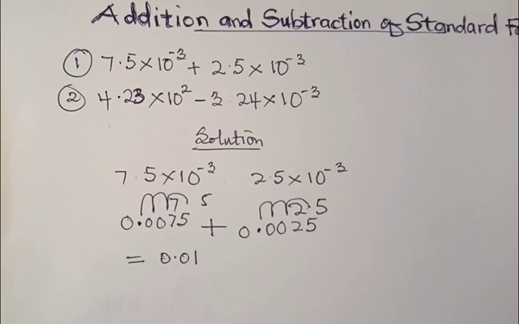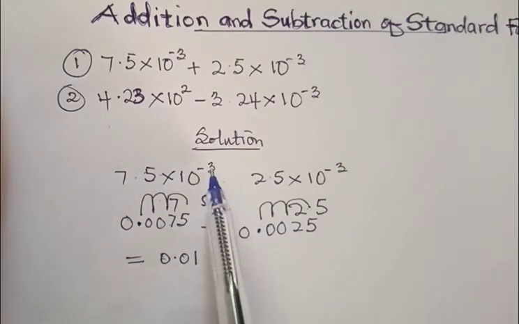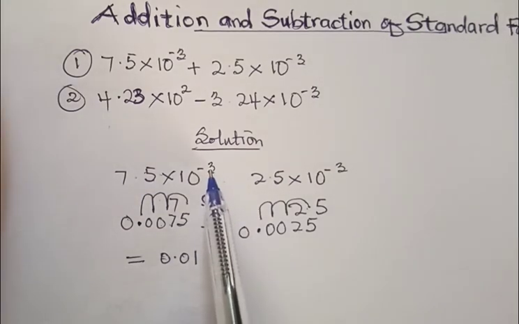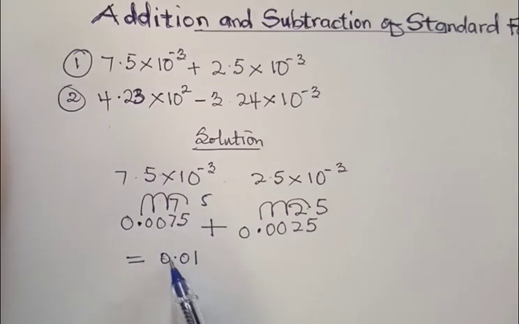When you are changing from standard form to real numbers, you move to the left when you see that the exponent is negative. Have you gotten that? But when you are changing from real numbers to standard form, if you see that there are zeros here like this, then you move.